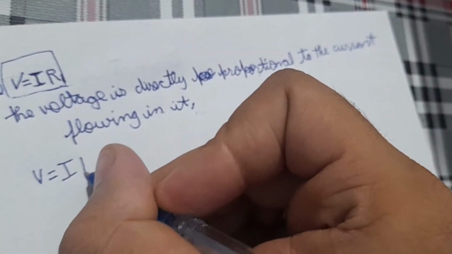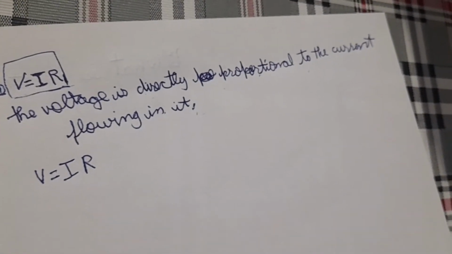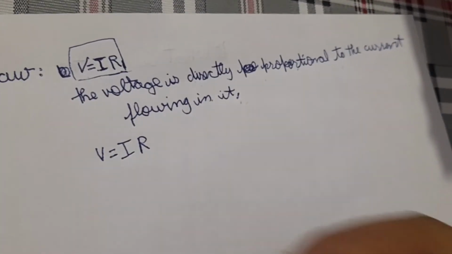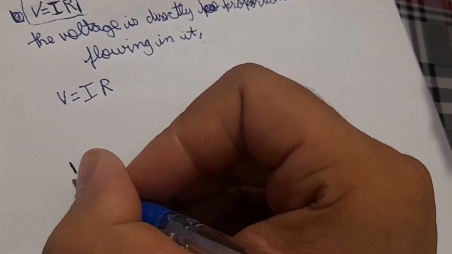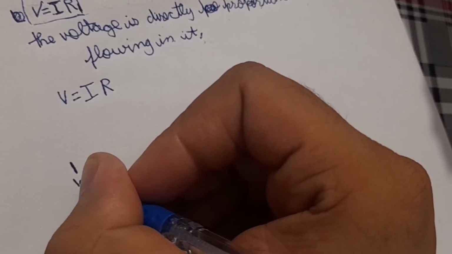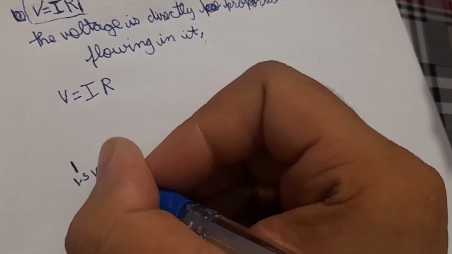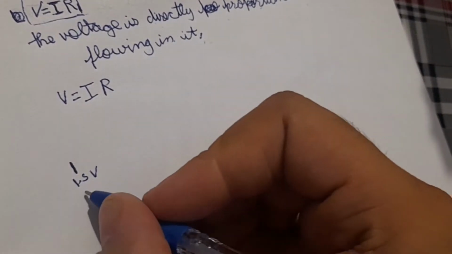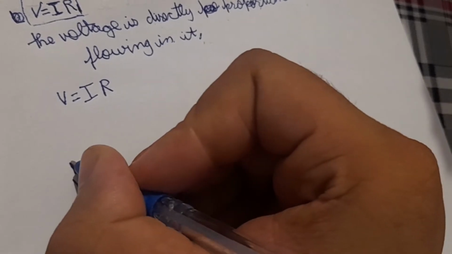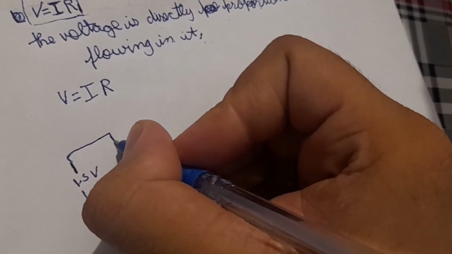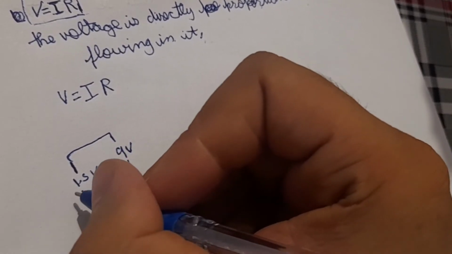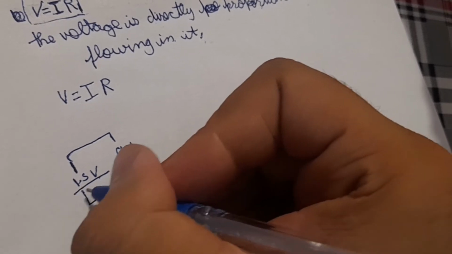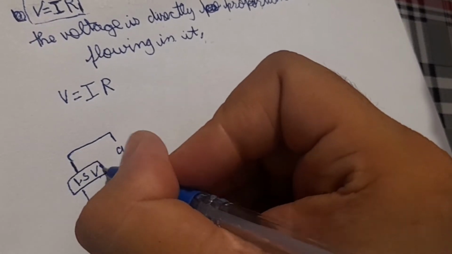Here, if I have to take out the resistance, I am connecting a circuit with a 1.5 volt LED, and I have applied 9 volts. This will blow the 1.5 volt LED and it will not work.